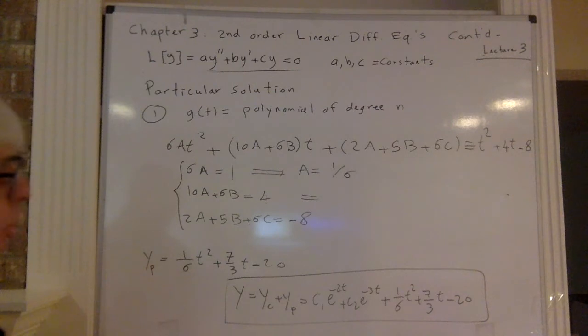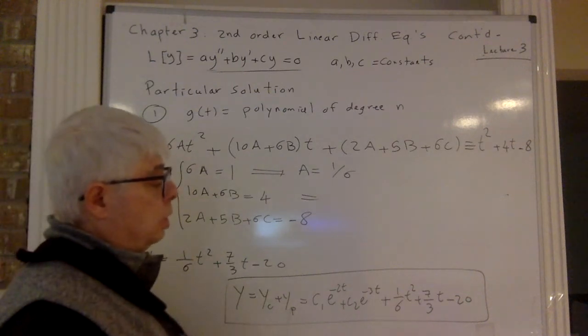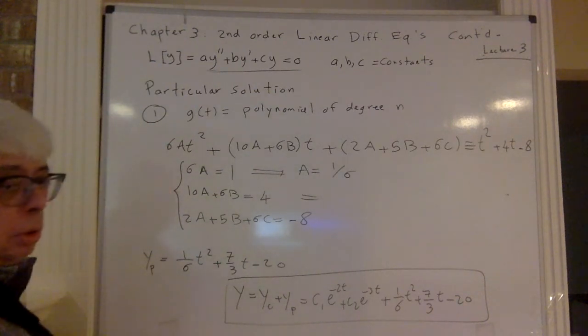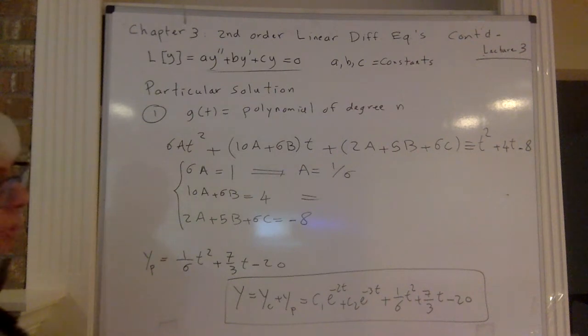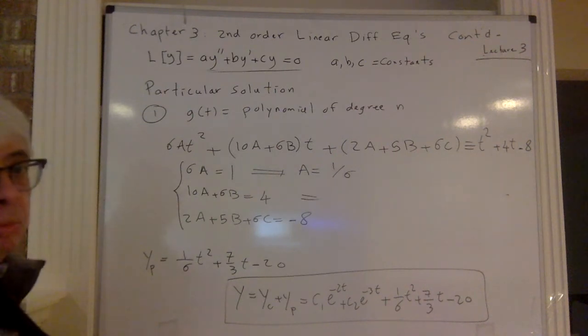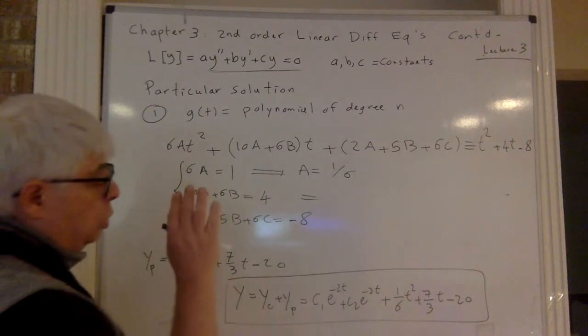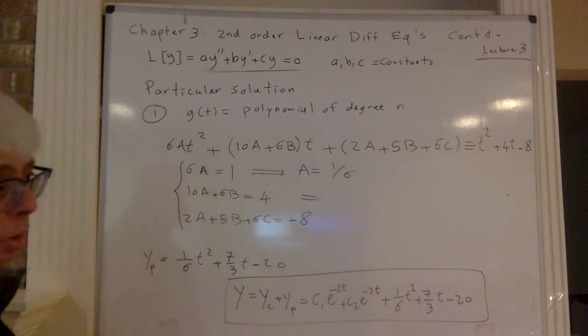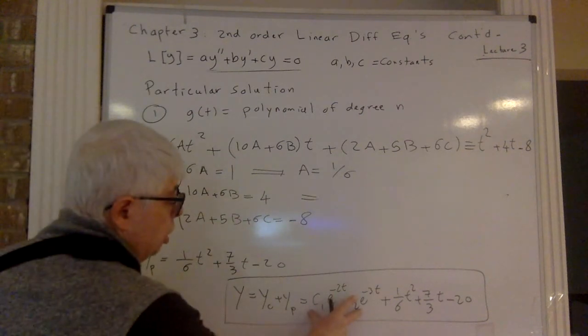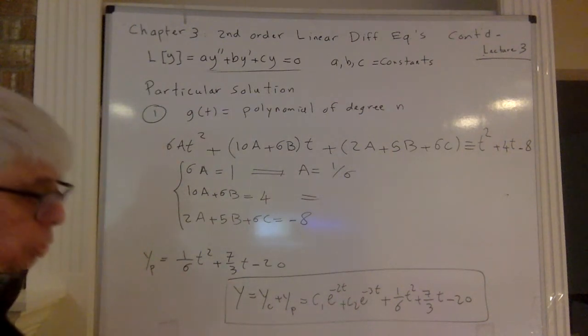Now, I will discuss a problem like this when initial conditions are given. Because if initial conditions are given, you have to use this general solution for the initial conditions, not the complementary one.